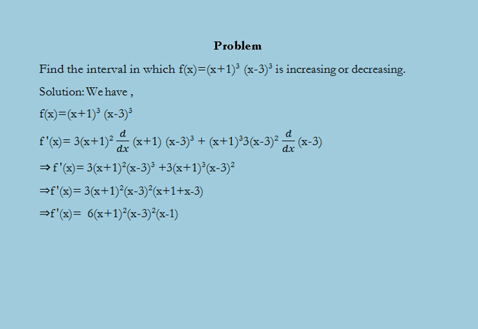Now for f(x) to be increasing, we must have the derivative f'(x) greater than 0. Thus 6(x + 1)^2 (x - 3)^2 (x - 1) is greater than 0. This implies that x - 1 is greater than 0, which further implies that x is greater than 1, for interval x belonging to (1, infinity).